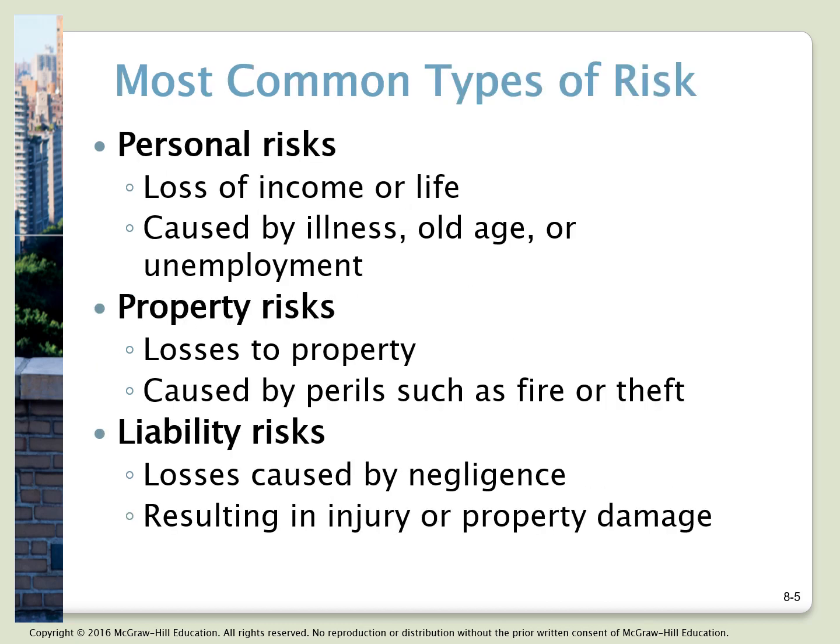Anyway, common types of risk: personal risks, property risks, liability risks, losses caused by negligence resulting in injury or property damage. You can insure against all of these things, but the more risky your behavior, the higher the cost of that insurance. You can pretty much insure against anything.